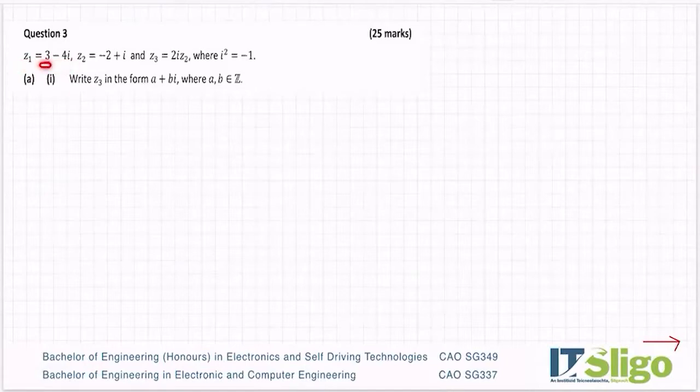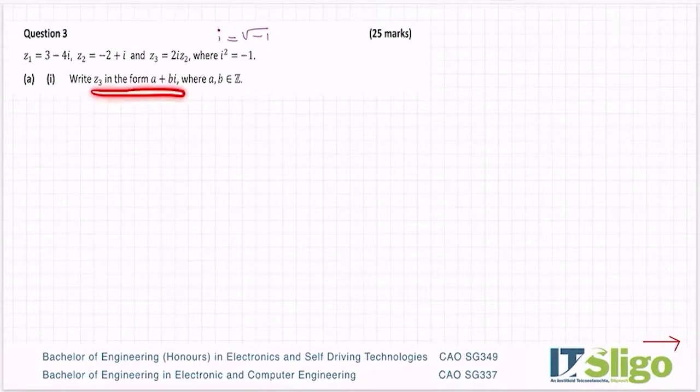So this is the real part, this is the imaginary. z2 is minus 2 plus 1i, and z3 is 2i times z2. And they tell you that i squared is minus 1, or the letter i is the square root of minus 1. You can be told either of those two pieces of information.